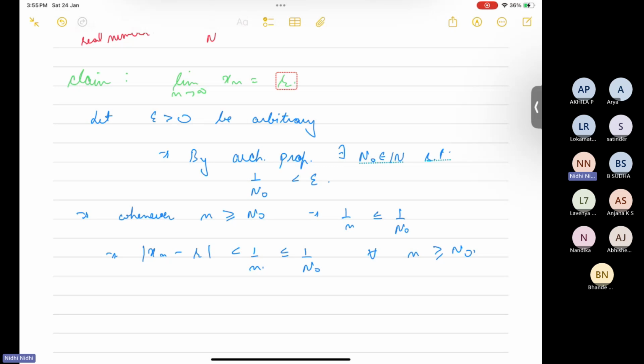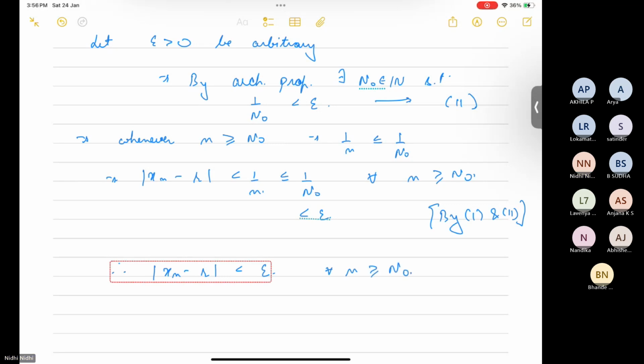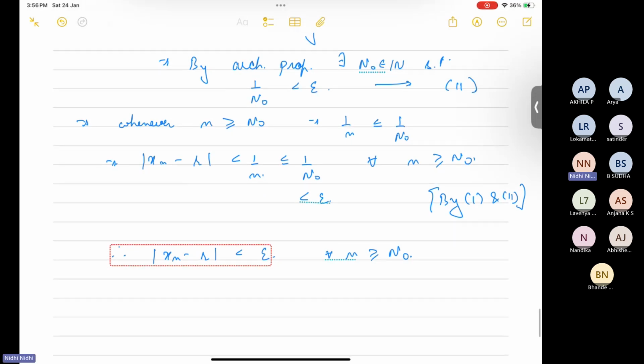And now since we know that 1 by n naught is strictly less than epsilon, therefore we get mod xn minus r is strictly less than epsilon, and this is happening when n is greater than or equal to n naught. When small n is greater than or equal to n naught, 1 by n is less than or equal to 1 by n naught, and 1 by n naught is strictly less than epsilon by the Archimedean property. Therefore, this gives us limit n tending to infinity xn is r.